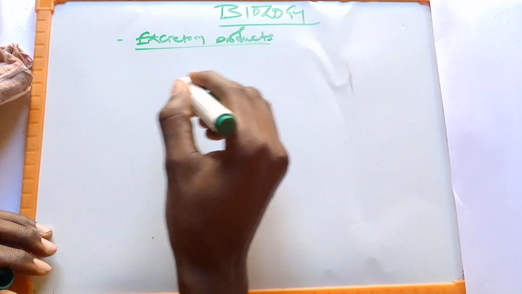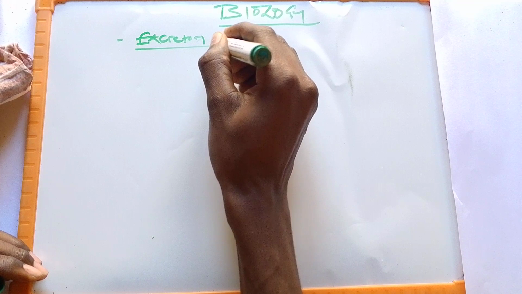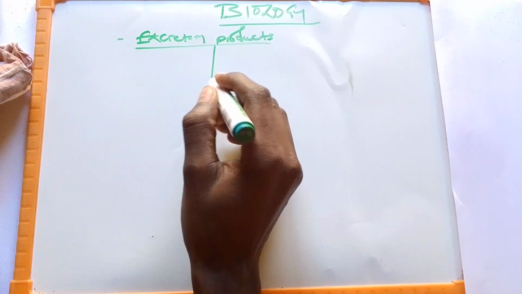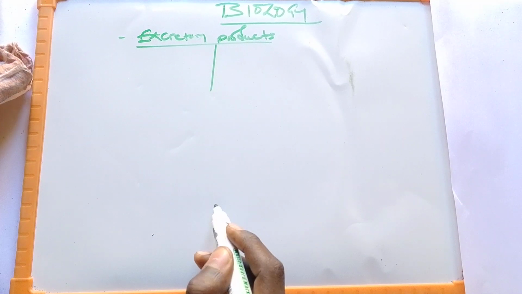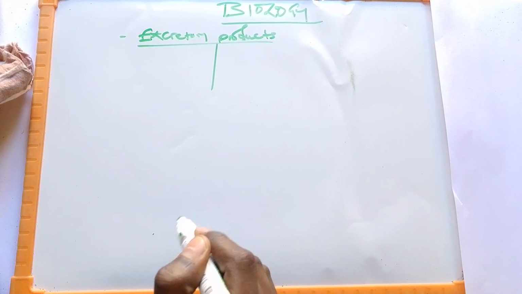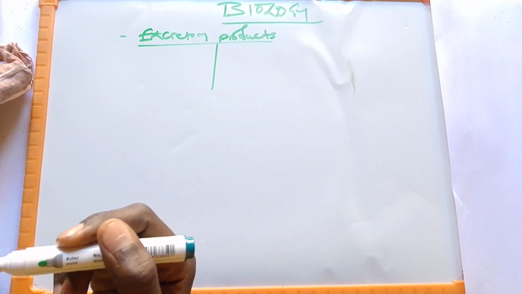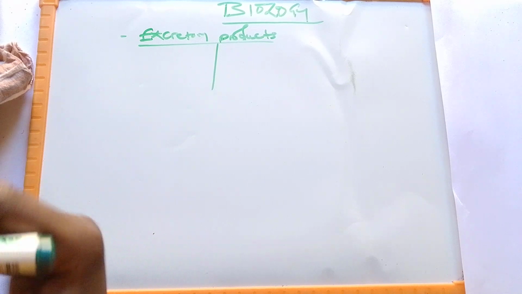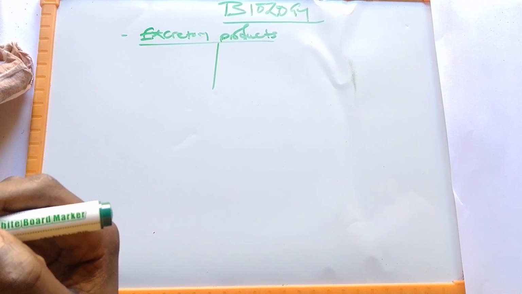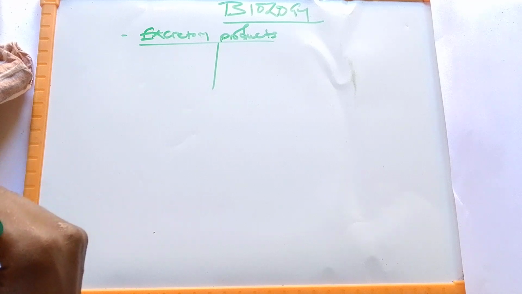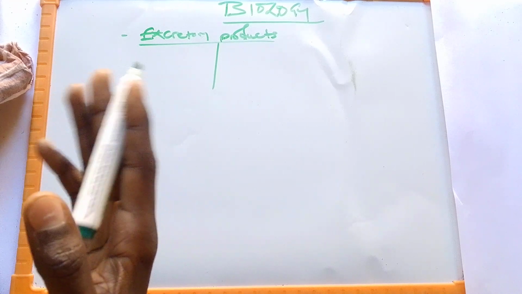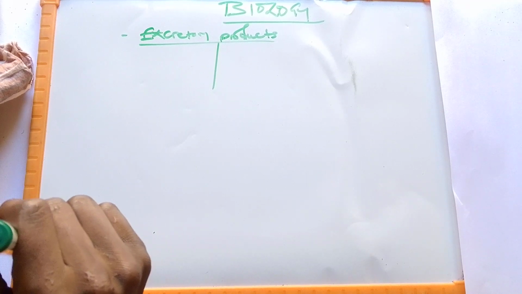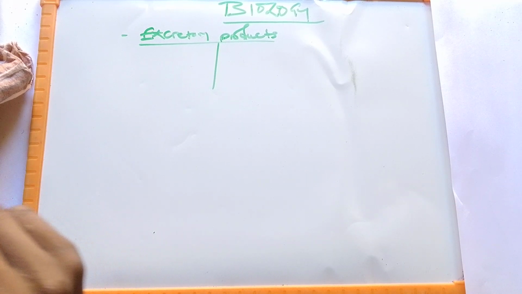So under the excretory product, we are going to discover that the metabolic reactions which take place in the body when oxygen is absorbed during respiration, the process of respiration will also produce what we call products, which can be useful externally or internally, but at the same time, some of the products will be harmful once they accumulate.